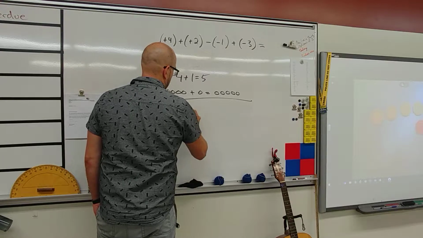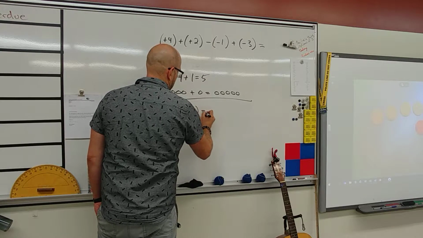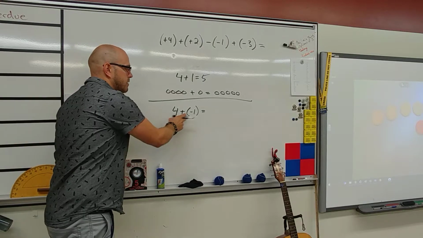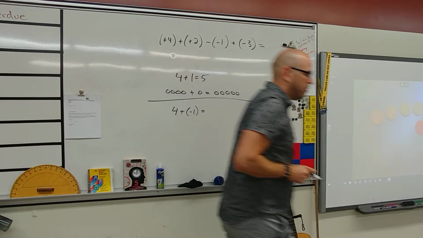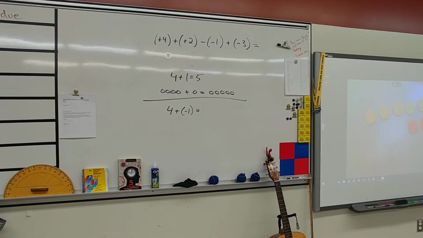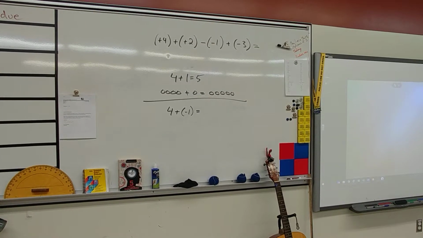What if the answer is the other one? I want you to write this. Don't write the answer yet. Can you look at my board for a second? Who's got the question down? Okay.